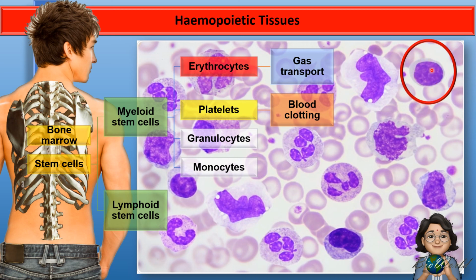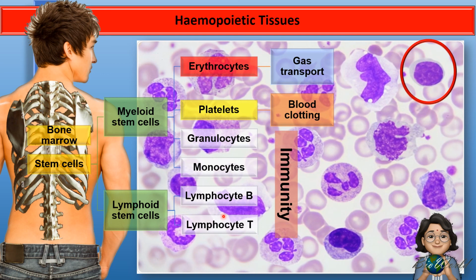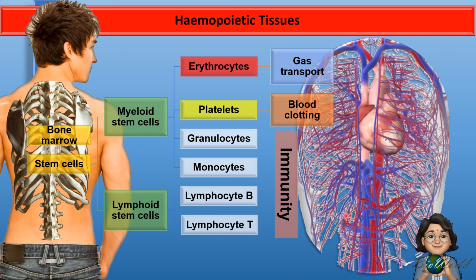But the difference between the lymphocyte B and lymphocyte T nucleus and the monocyte nucleus is that the lymphocyte nucleus is circular, whereas the monocyte nucleus is more of a bean shape. All these white blood cells are necessary for immunity, a topic we will discuss in depth in semester 2. So once all these blood cells are formed, they will be transported by the circulatory system.